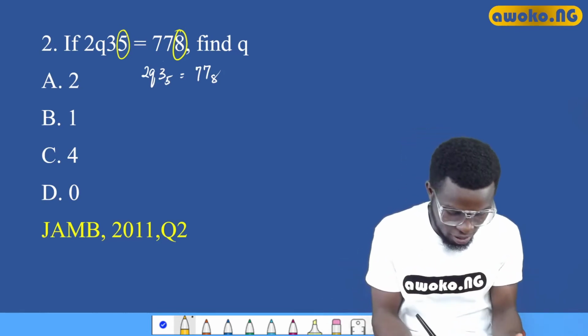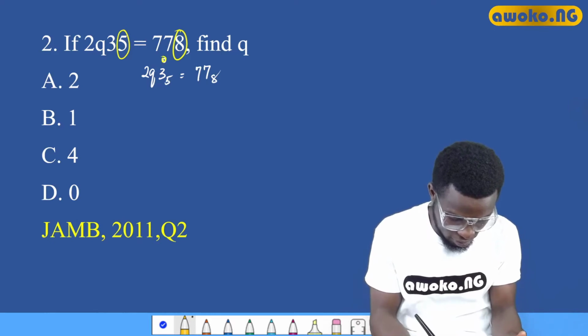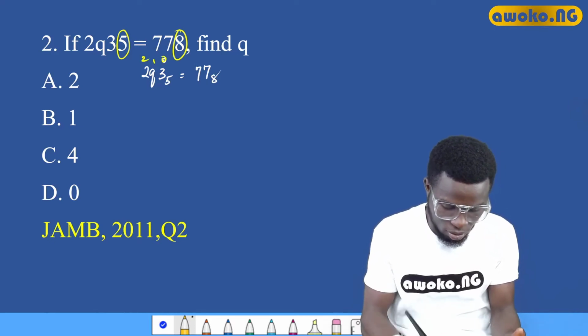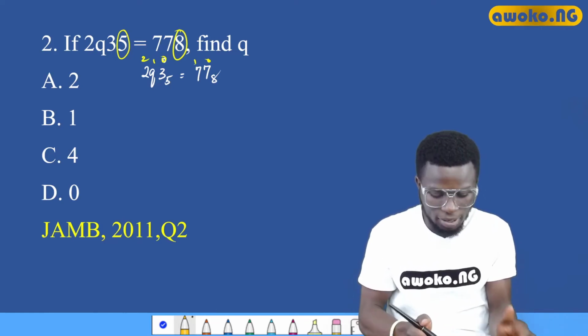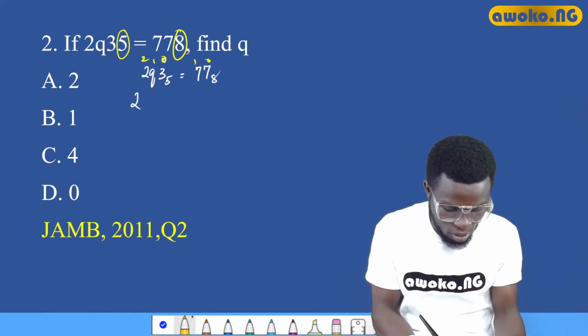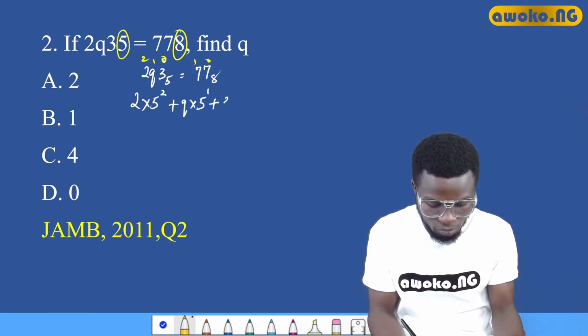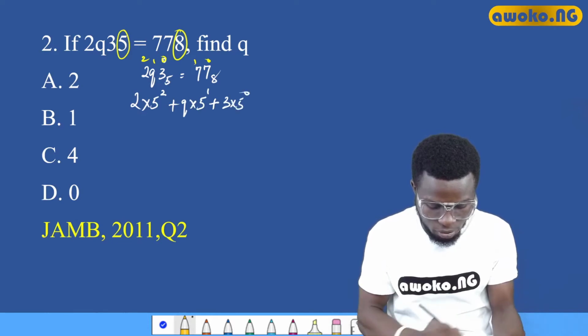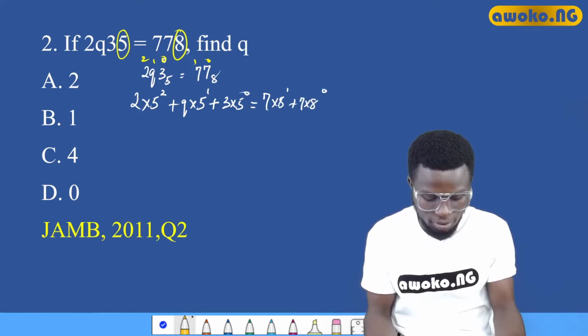To do that, we have 0, for emphasis, 0, 1, 2, then 0, 1. If I simplify this, we have 2 times 5 raised to power 2 plus q times 5 raised to power 1 plus 3 times 5 raised to power 0, which is equal to 7 times 8 raised to power 1 plus 7 times 8 raised to power 0.